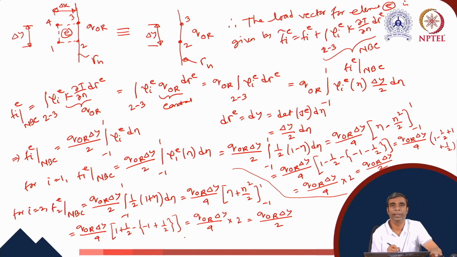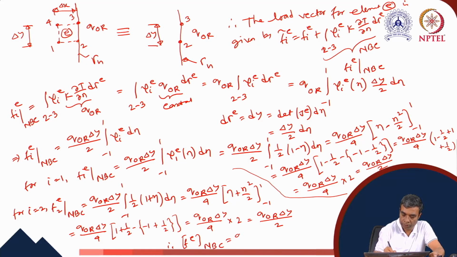Therefore, we can see that the NBC contribution is equally shared by the two nodes. Therefore, FE NBC equals Q0R delta y by 2 into 1, 1.